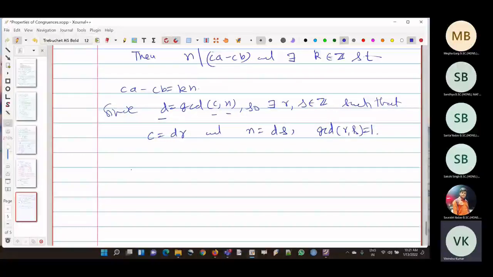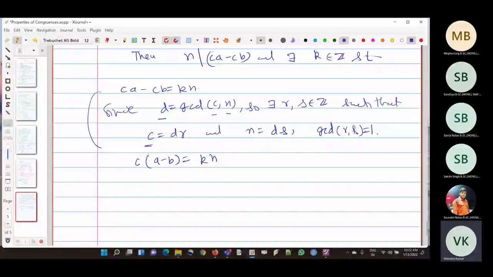From here we can take C common: C times (A minus B) equals k times n.